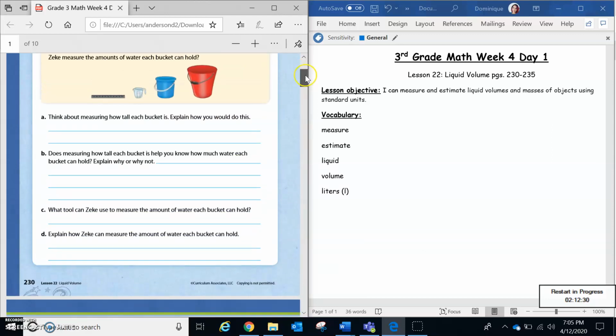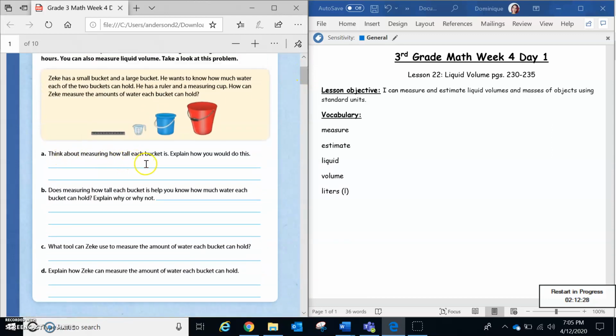So let's look. It says, think about measuring how tall each bucket is. Explain how you would do this. So if we think about it, this is A. If I wanted to measure how tall something is, which one of these measurement tools would better help me? Would it be the ruler or the measuring cup? If you said ruler, you are correct.